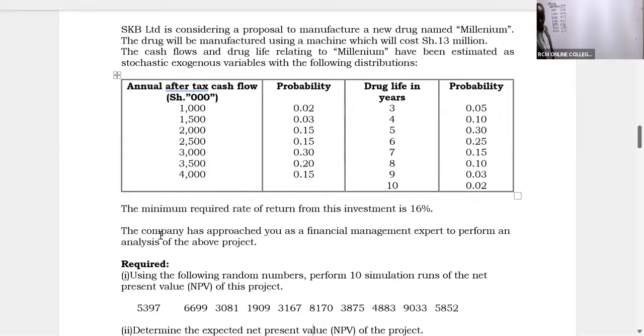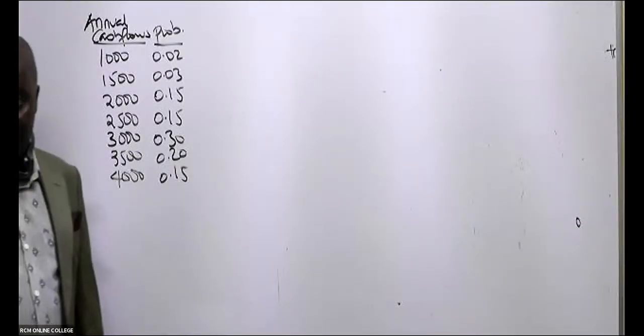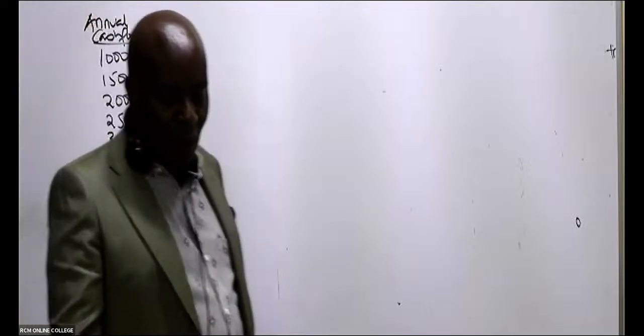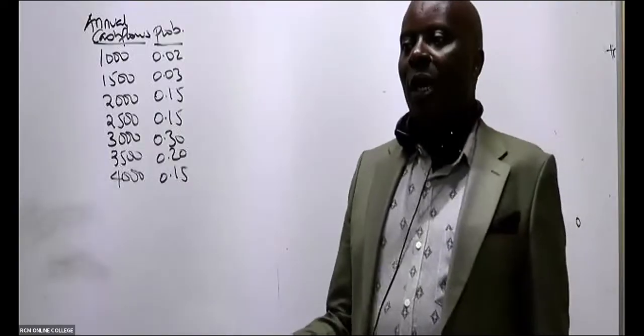If you look at the question, they want us to perform 10 simulation runs using the following random numbers. To simulate, the first step is for you to come here and get random number ranges. But how do I get random number ranges without cumulative probabilities?